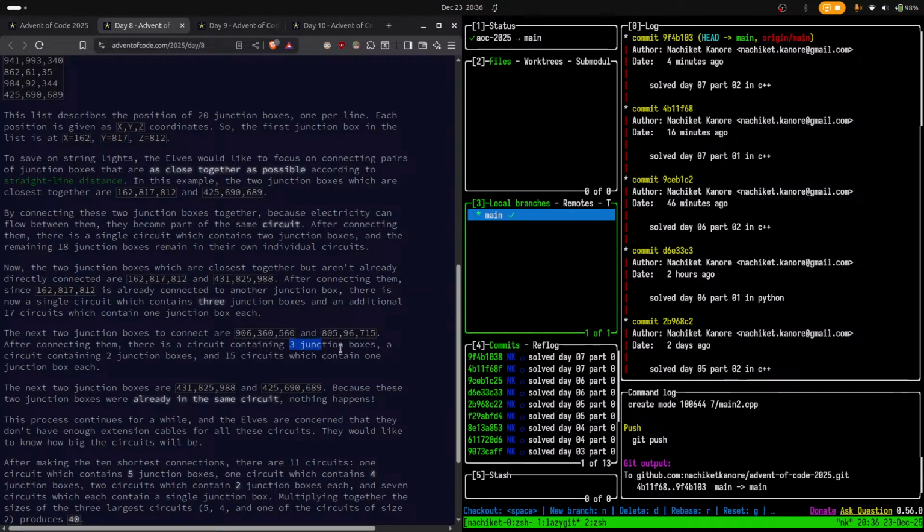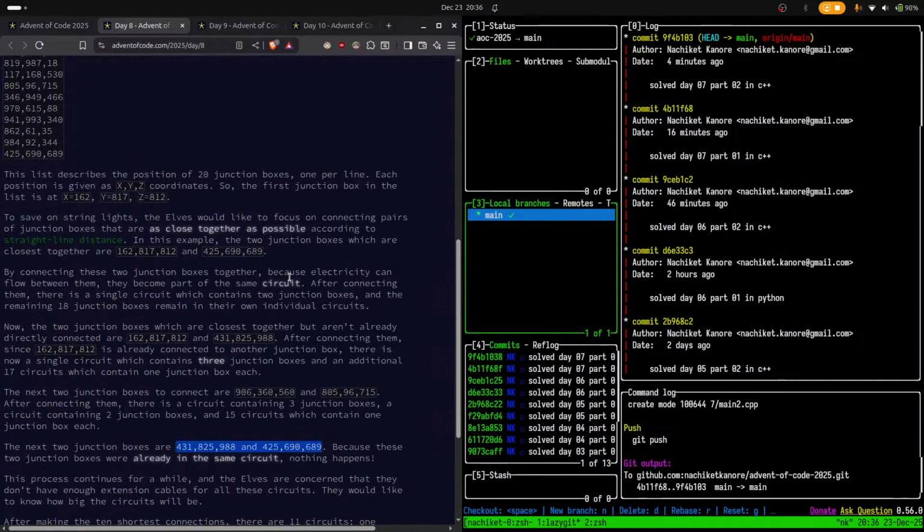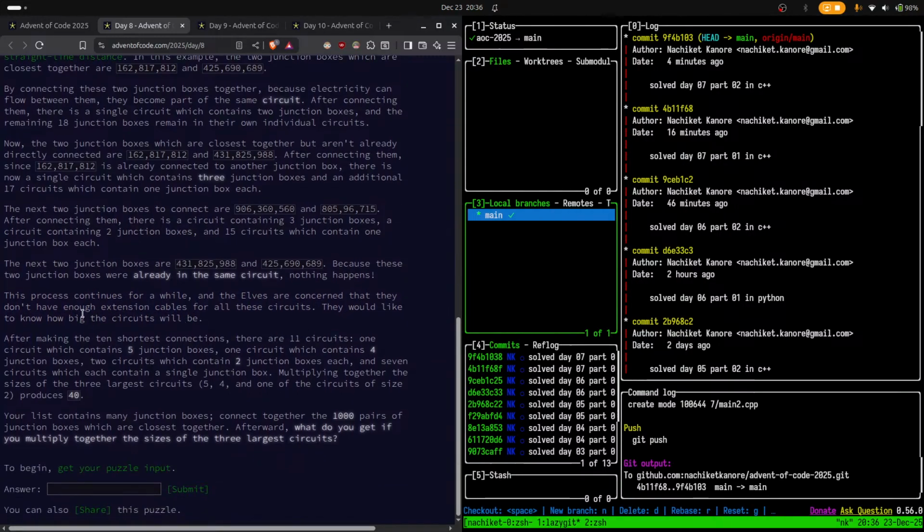A circuit containing 3 junction boxes, similar to that unit process in a fixed. I would like to know how big the circuits will be after making the 10 short connections.